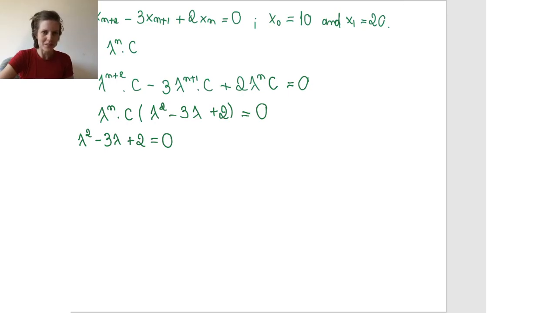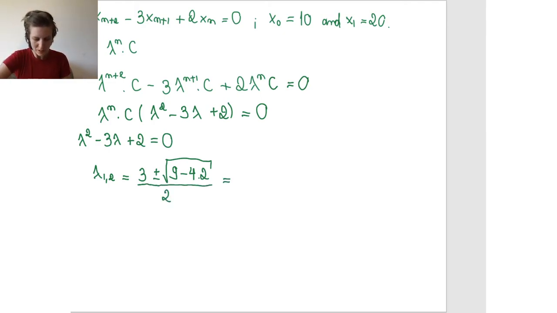And using Bhaskara formula, we know that lambda 1, 2 will be equal to minus b plus or minus square root of 9 minus 4 times a times c, divided by 2.